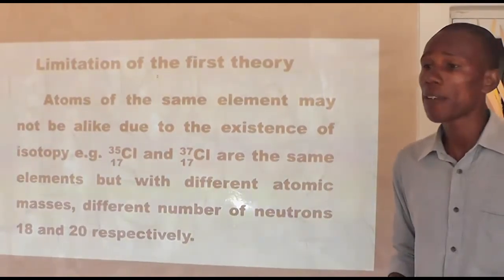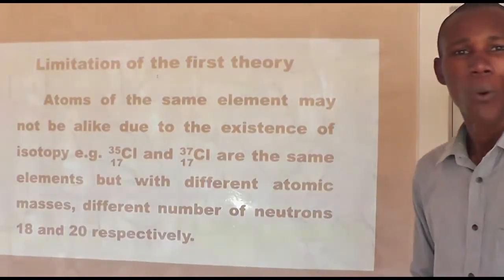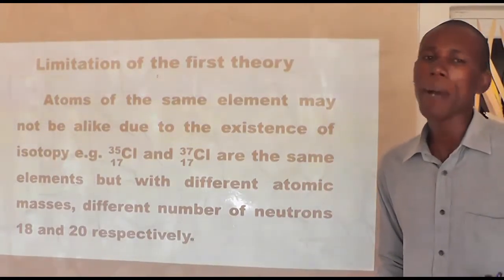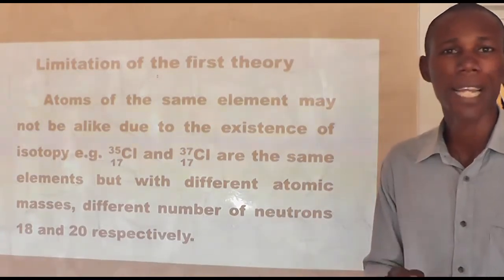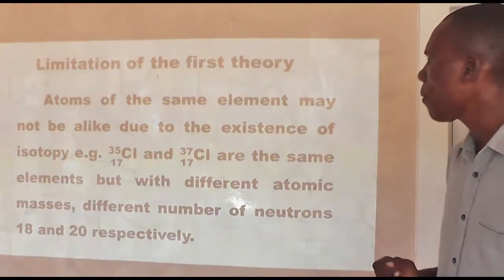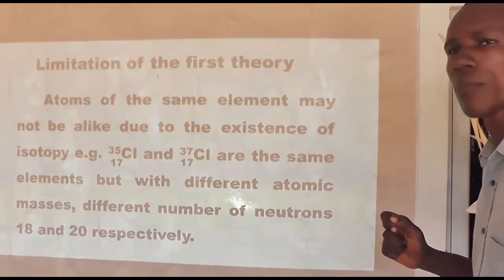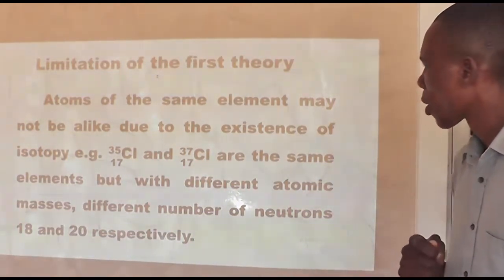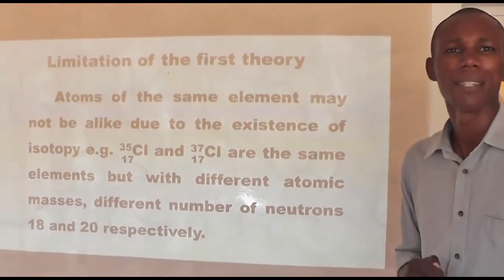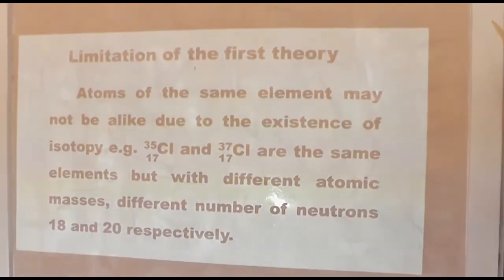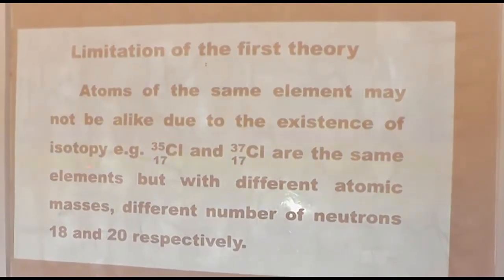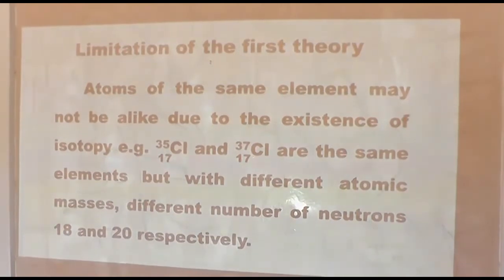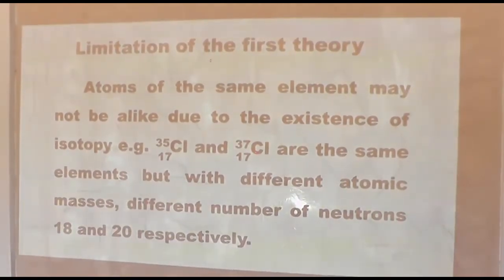Isotopy is defined as a phenomenon where atoms of the same element exist with the same atomic number but with different mass number. An example is chlorine. Chlorine exists in two isotopic forms: chlorine with atomic number 17 and mass number 35, and another isotope of chlorine with atomic number 17, mass number 37.